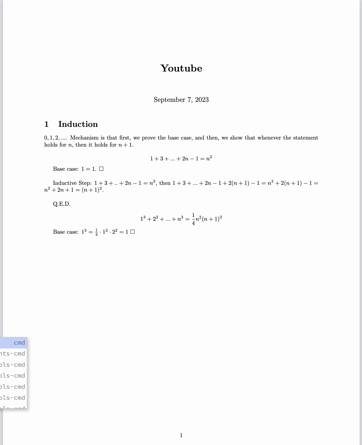Actually, let me just write it in a clearer way. Adding n plus 1 cube to both sides leads to 1 cube plus dot dot dot plus n cube plus n plus 1 cube, which is equal to 1/4 times n squared times n plus 1 squared plus n plus 1 cube.